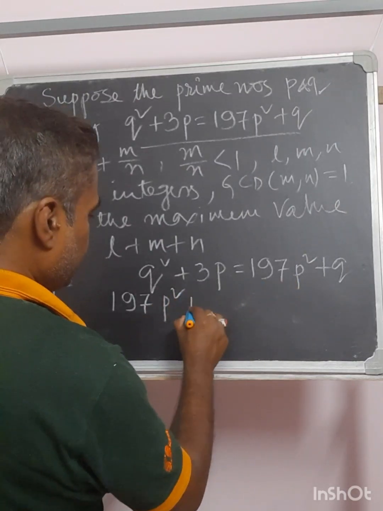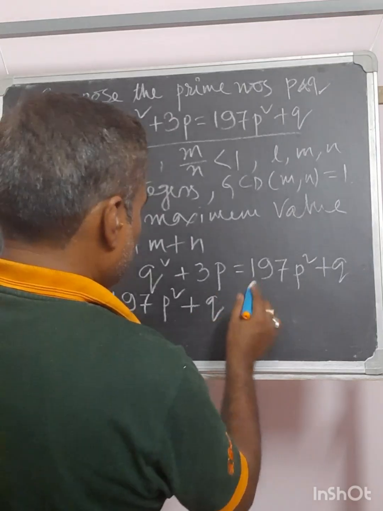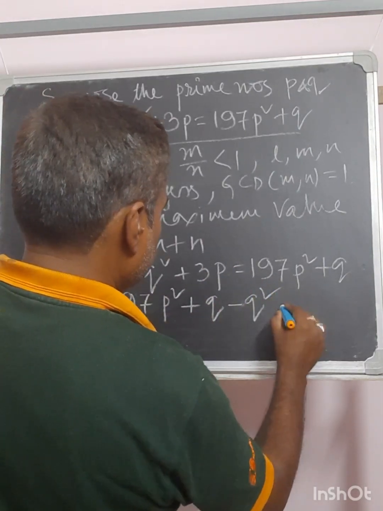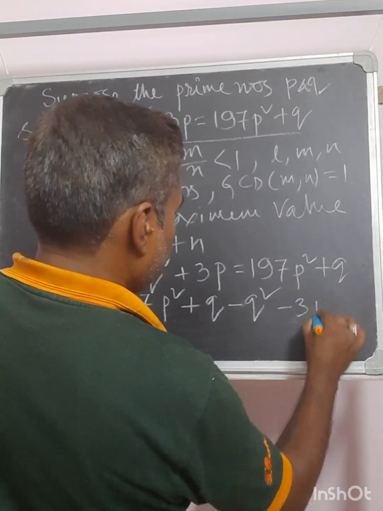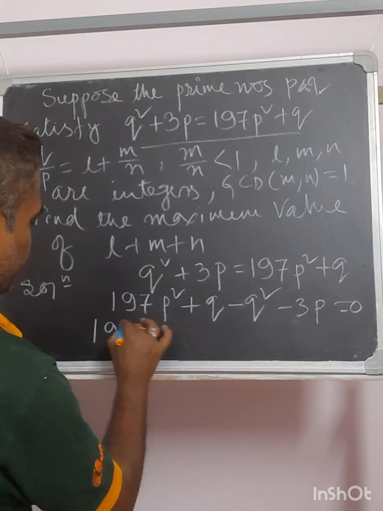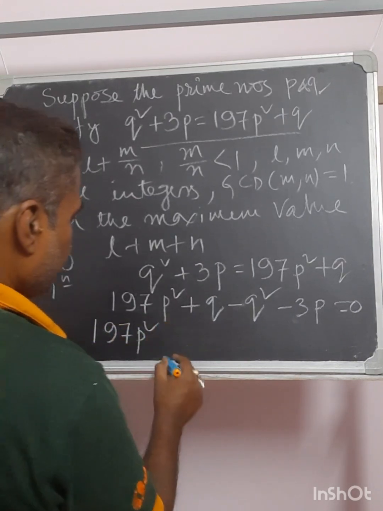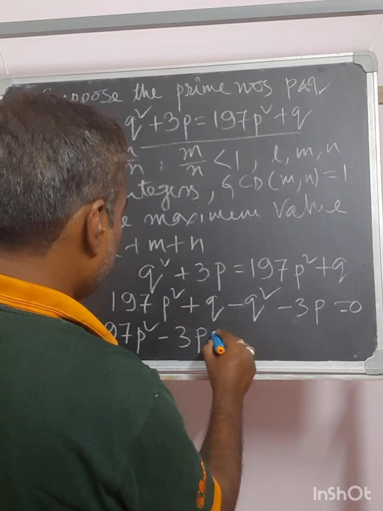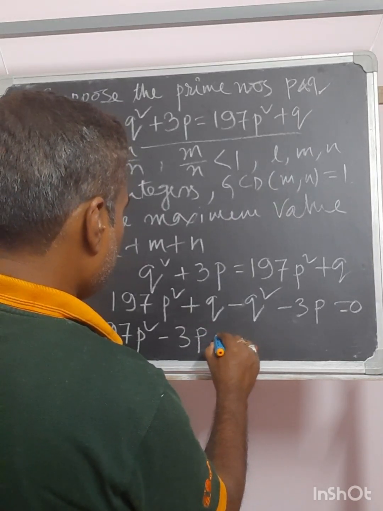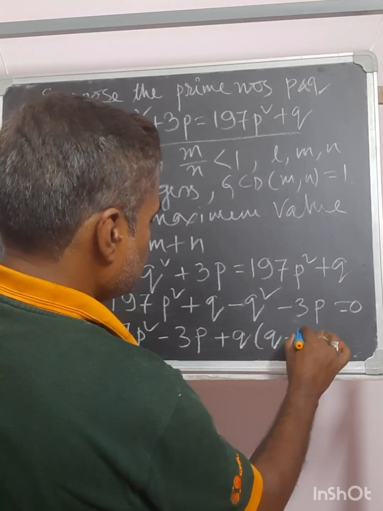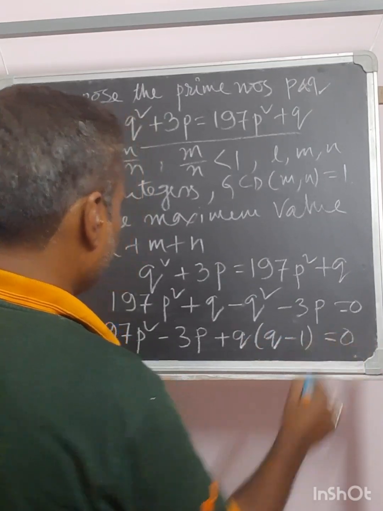So I will write it here again. Bringing the other part on the same side of the equation, it is 197 P square plus Q minus Q square minus 3P equal to 0. Now 197 P square minus 3P, and here I am taking Q as common, Q minus 1, equal to 0.